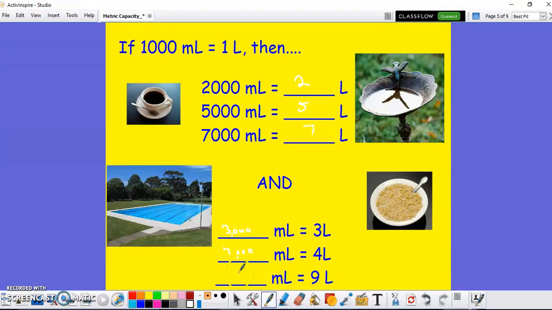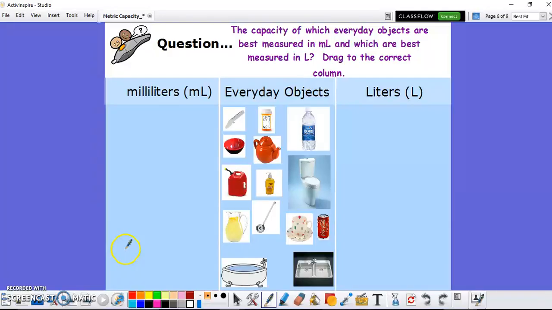So how many milliliters is equal to 9 liters? You've got it. 9,000 milliliters. Once again, that's like taking the liters and multiplying it by 1,000, which is what we did in all 3 examples here. Let's continue. The capacity of which everyday objects are being measured.